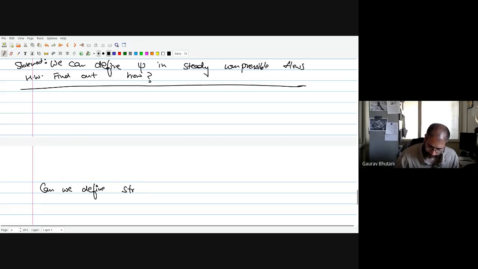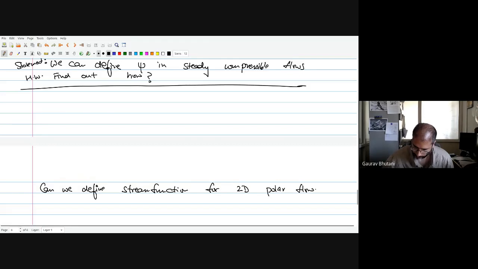Can we define a stream function for two-dimensional flows defined using polar coordinates?